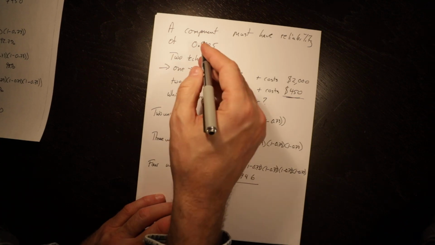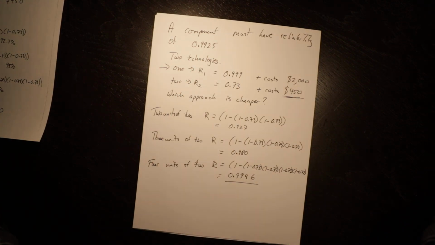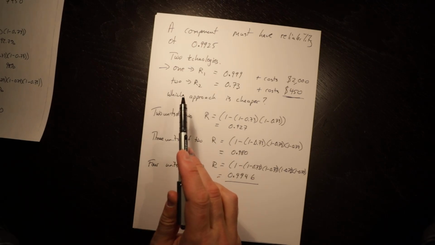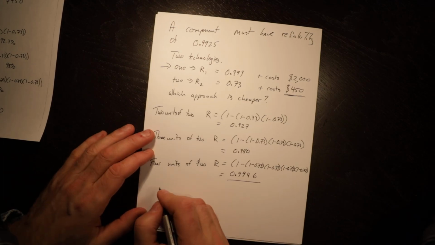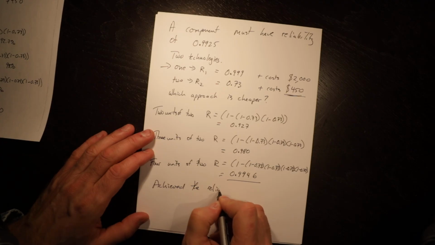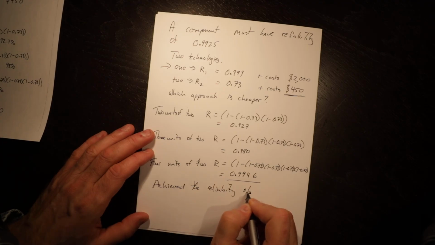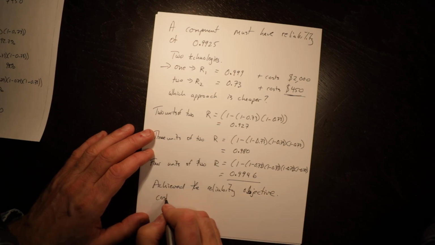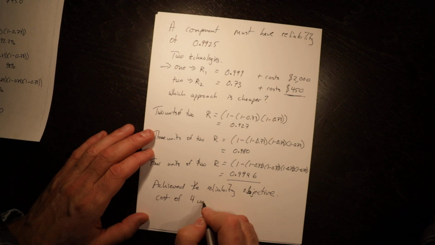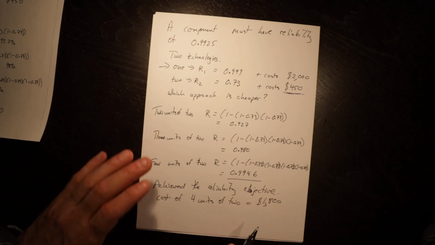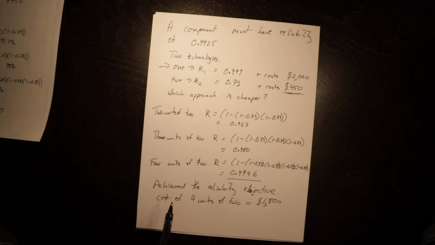So now we've gotten to the reliability that we required through having redundant units of technology 2. We've achieved the reliability objective, and the cost of 4 units of 2 is equal to $1,800. So we are better off using 4 units of 2 than 1 unit of 1.